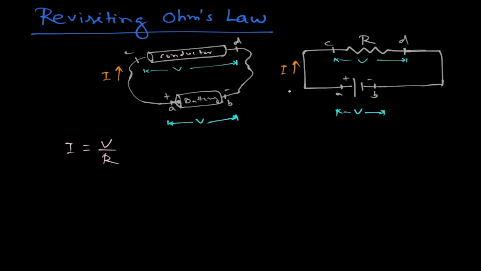Everything you see around you has some resistance. Something has more resistance and something has less resistance. Here these resistances are low, but we will now consider them, and let us redraw this circuit considering those lead resistances.